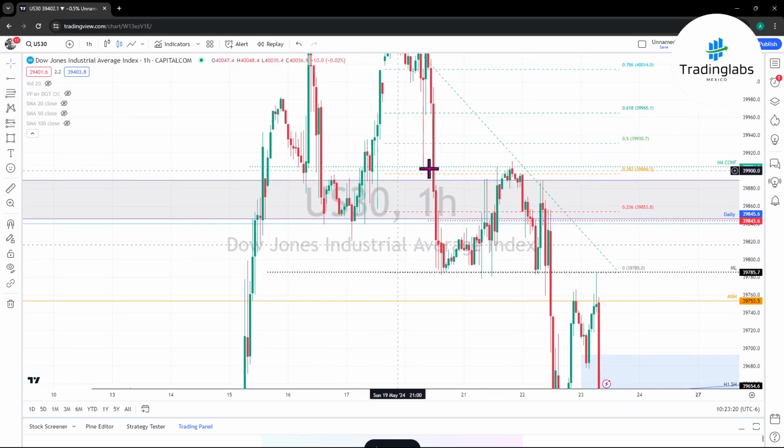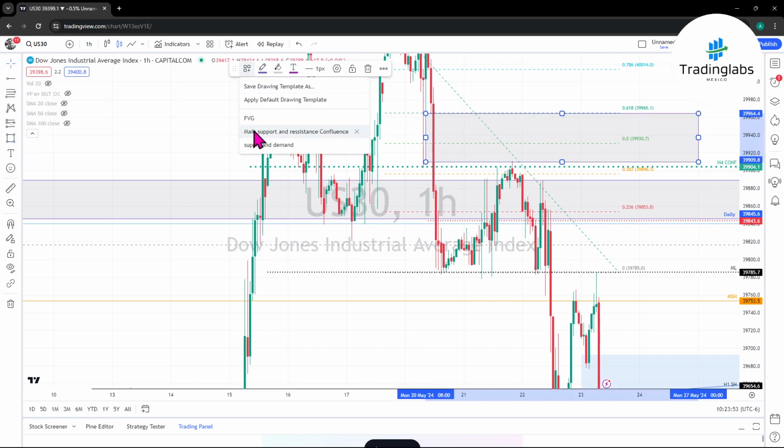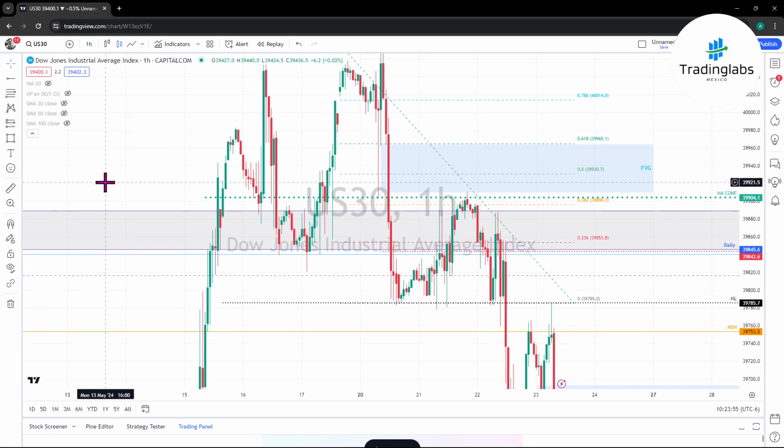I know that here is my resistance, and the resistance is very close to the Fibonacci retracement, even though there is a probability that we have to fill this fair value gap that I can see right over here.